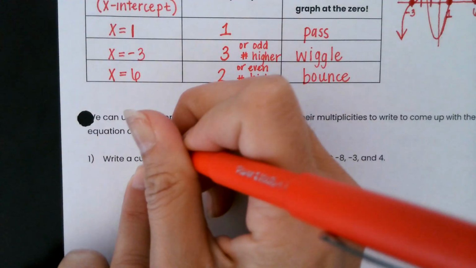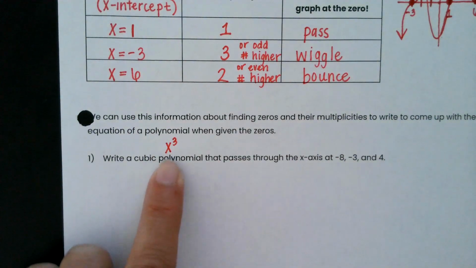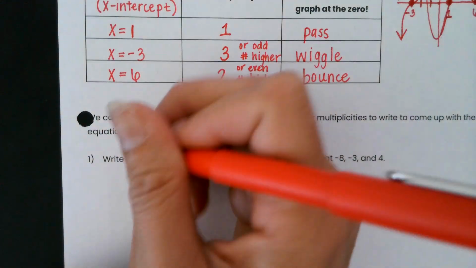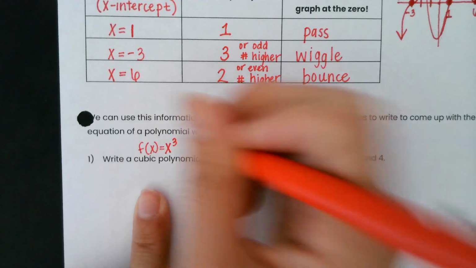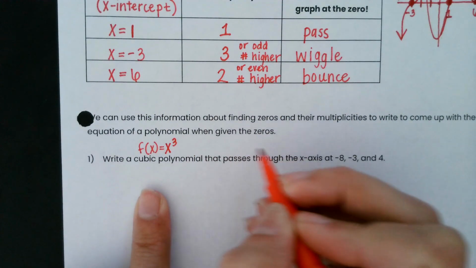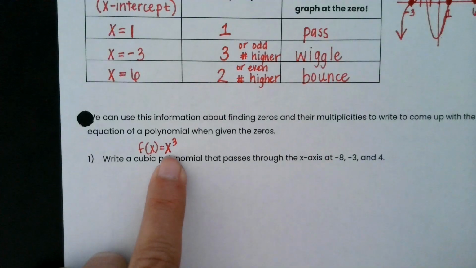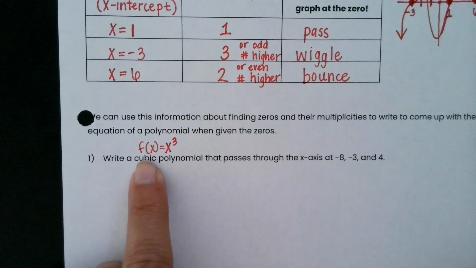I don't know what the rest of our polynomial will look like, but it is going to have to start with an x to the 3rd. When I write out the equation, it'll be f of x equals x to the 3rd plus blah, blah, blah. It'll keep going from there, right? But it has to start with an x to the 3rd, because that's how you get a cubic polynomial.